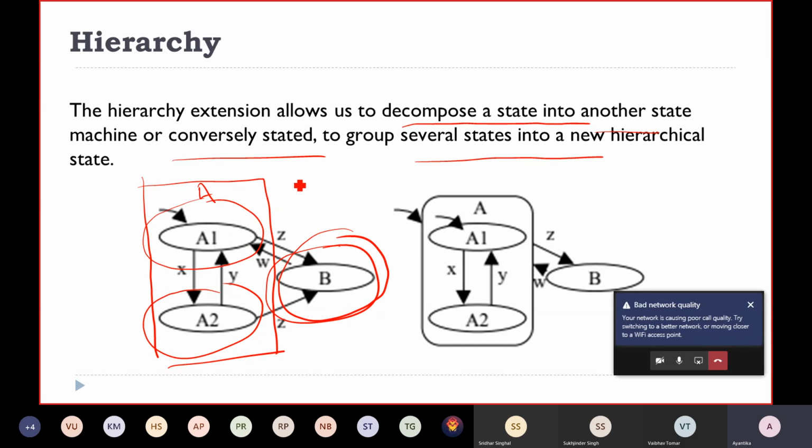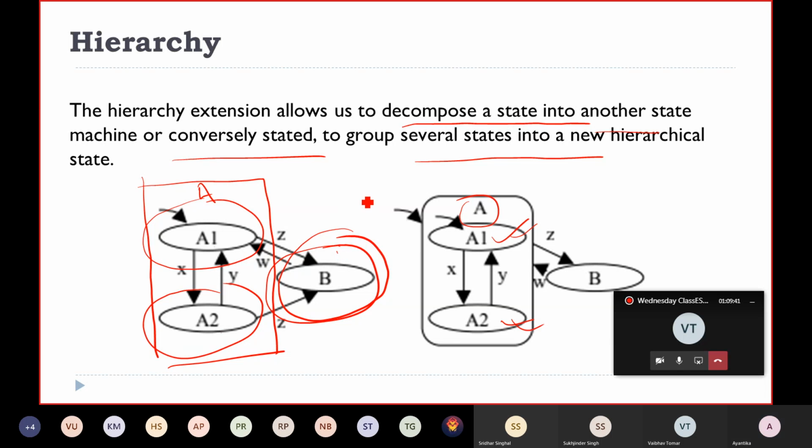Now here, there are two possibilities. You can decompose a state A into two states A1 and A2 to go deeper into the system states, or you have two states A1 and A2 and you are merging them into a single state, defining a new hierarchy between state A and state B.